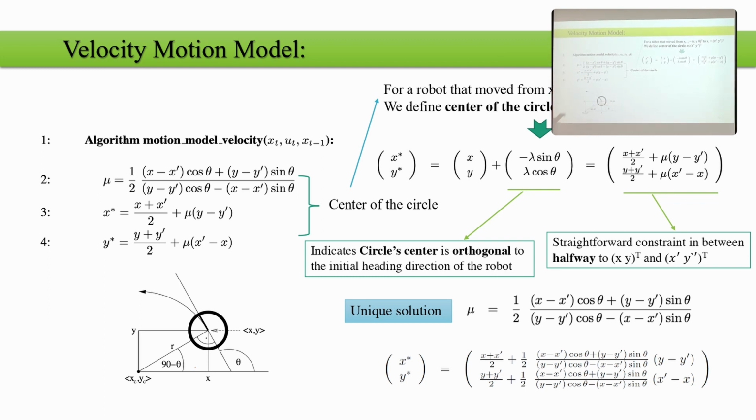For the center of circle, we can calculate in general in math x star, y star is equal to x, y of the point that we have, plus lambda sine theta and lambda cosine theta that is equal to another term here, and this first term means that this circle center is orthogonal to the initial heading direction of the robot that we want to calculate later.